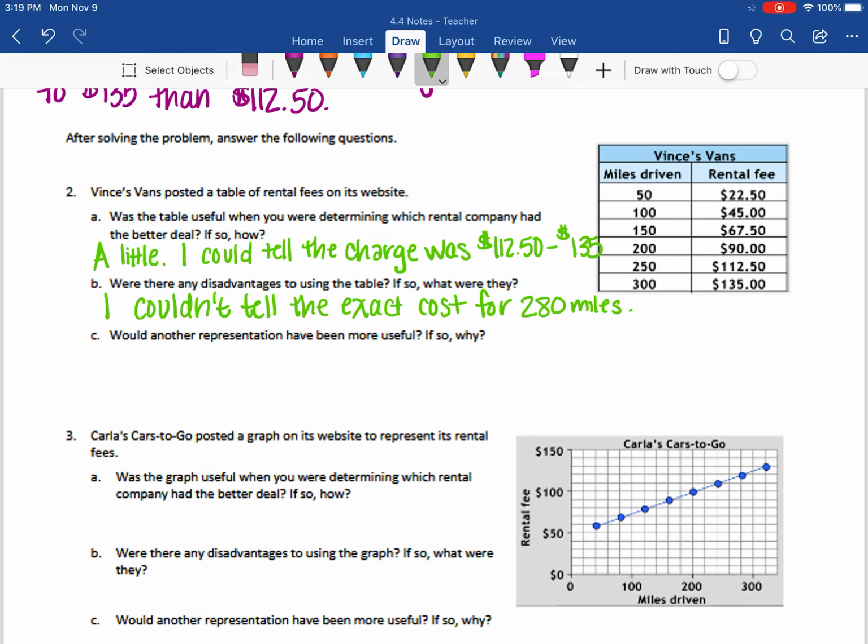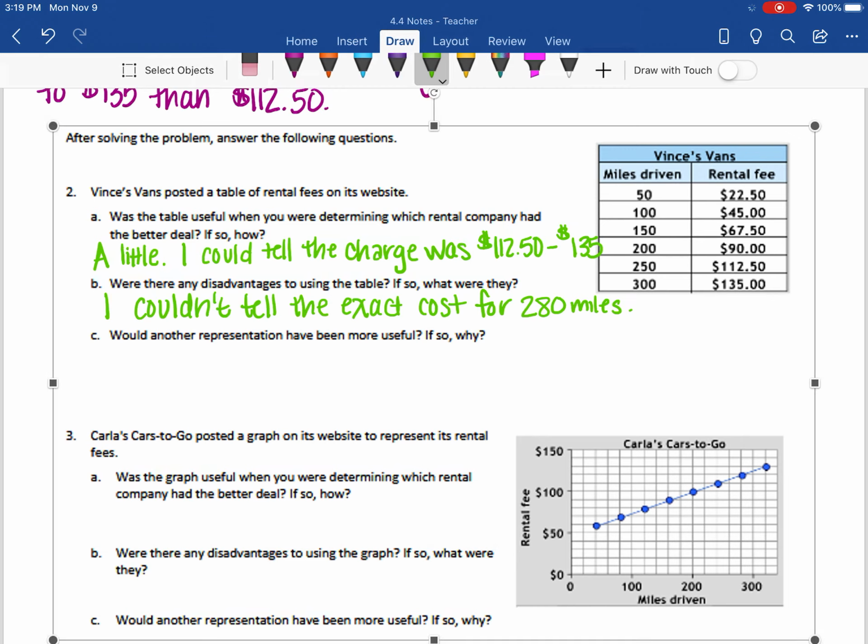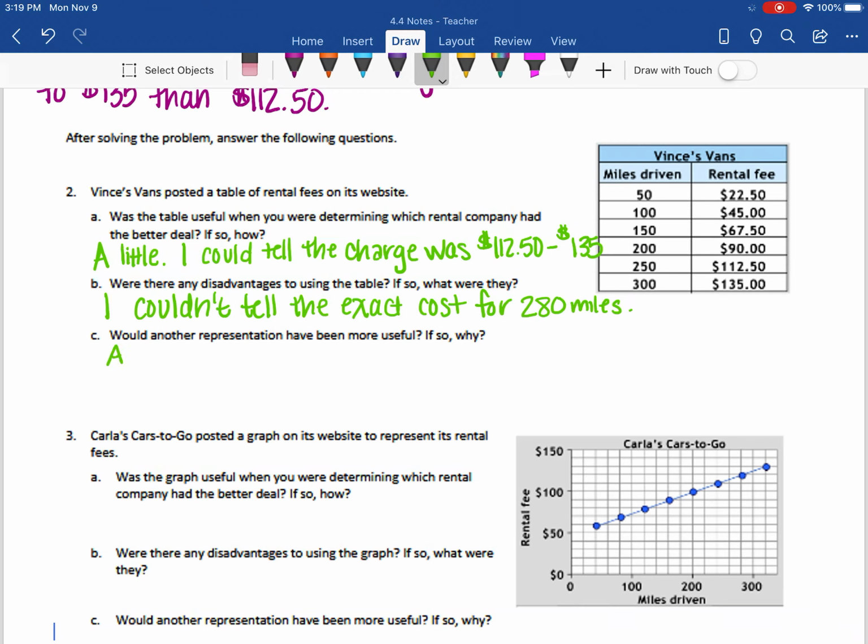Would another representation have been more useful? We could say a table scaled differently. So like a table that included 280 would have been useful.